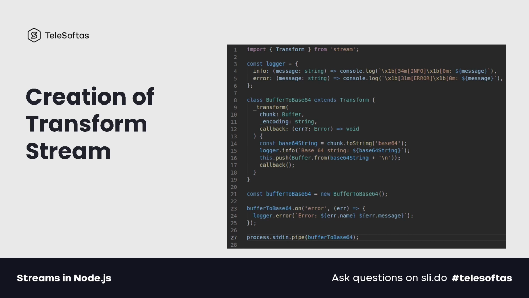So basically what it does, after taking a chunk, it converts it to a string in the form of base 64. And after the mutation, we are taking the value of that base 64 string and making a buffer from it.